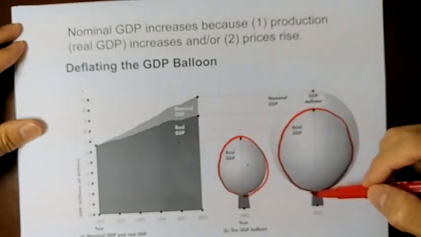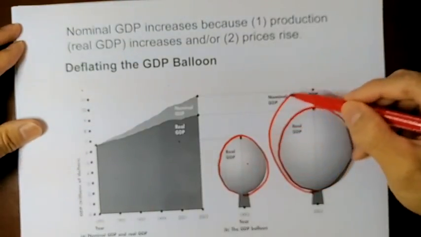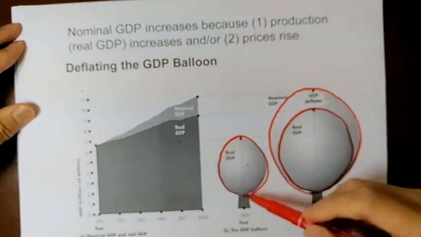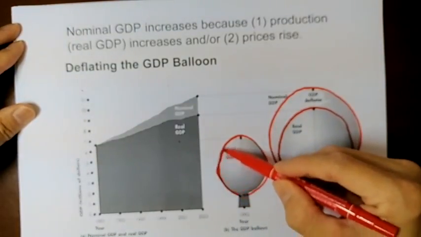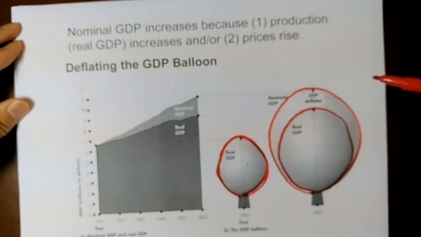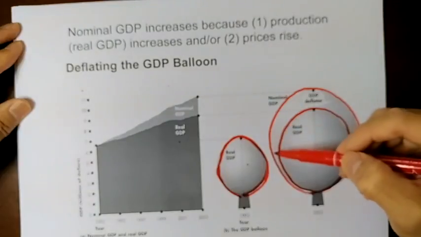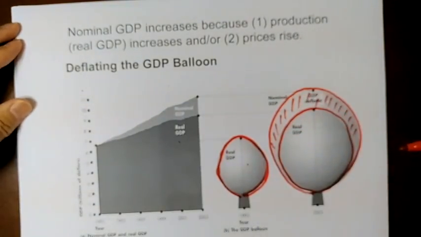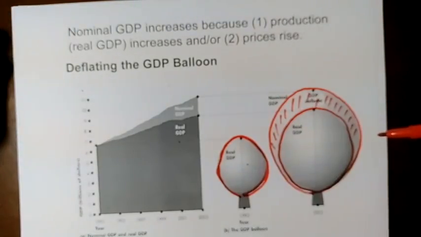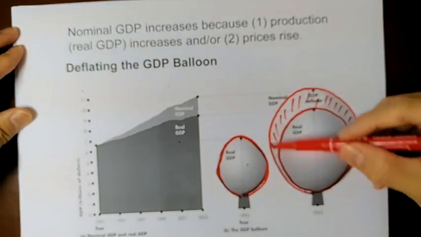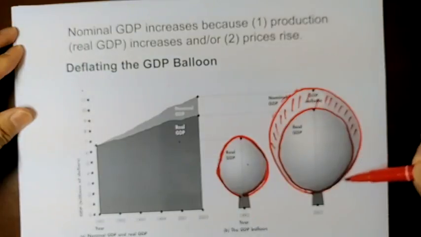However, the nominal GDP in 2010 is this big, $6. And the nominal GDP in 2005 is the same as the real GDP. So this part is caused by the increase in the price of an apple from $2 to $3. Therefore, the nominal GDP balloon is inflated.